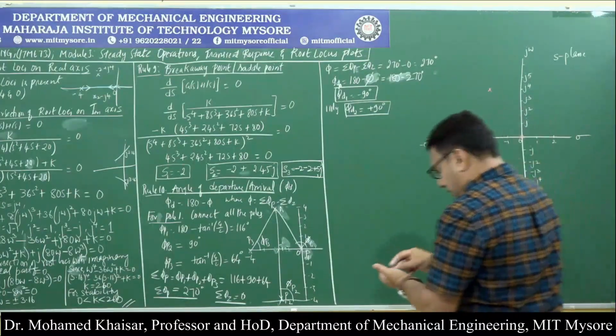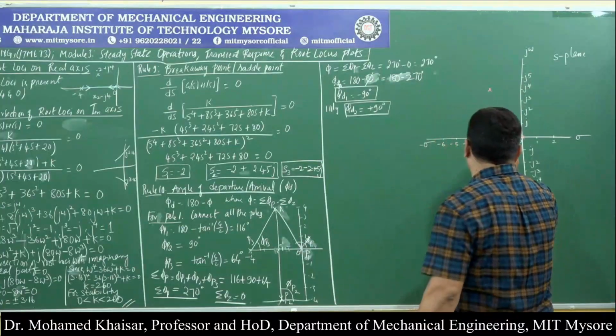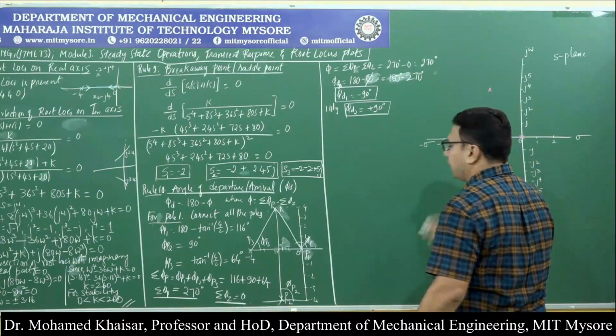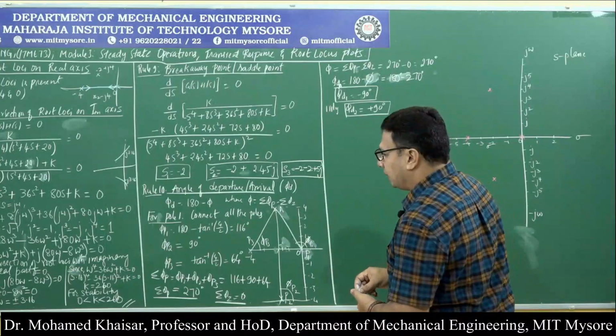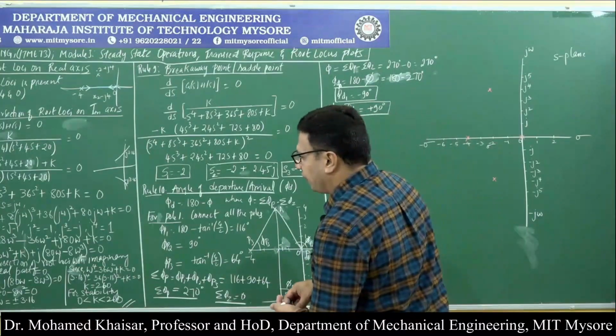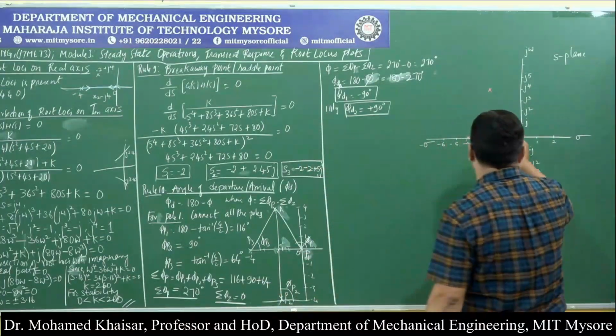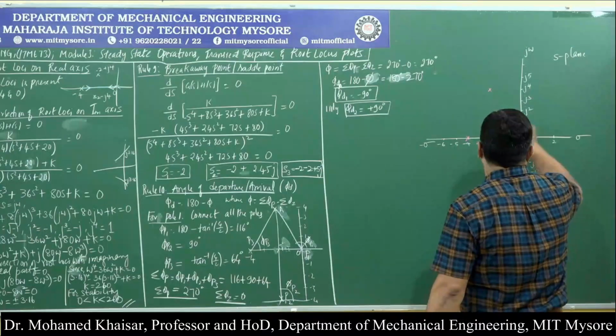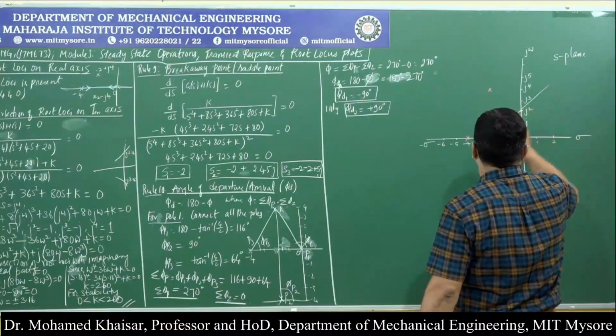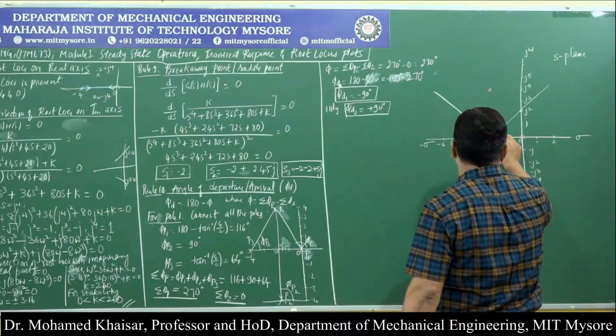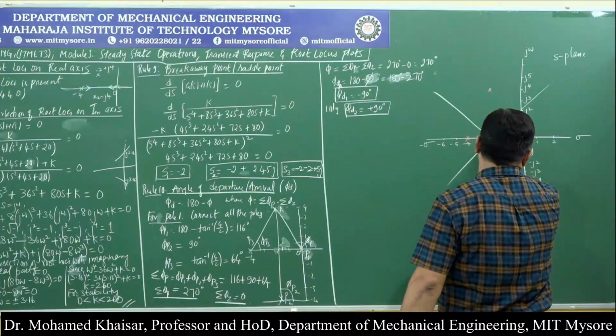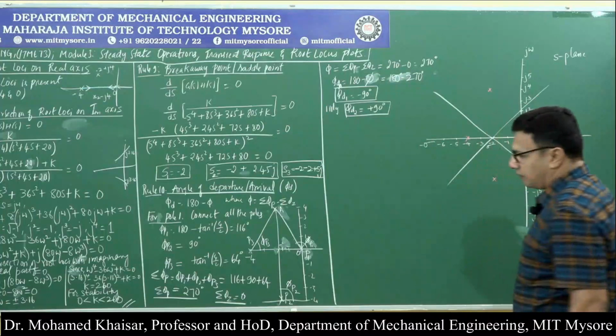The centroid lies at minus 2, and the asymptotic straight lines are to be drawn from the centroid, one at 45 degrees, one at 135, one at 225, and the other at 315 degrees.